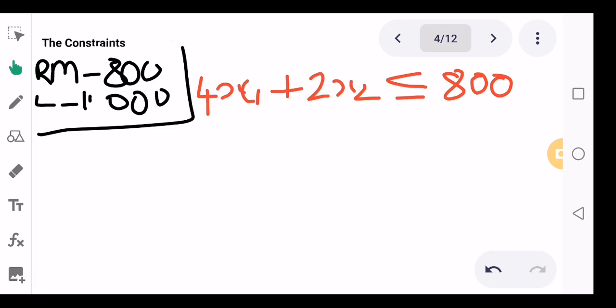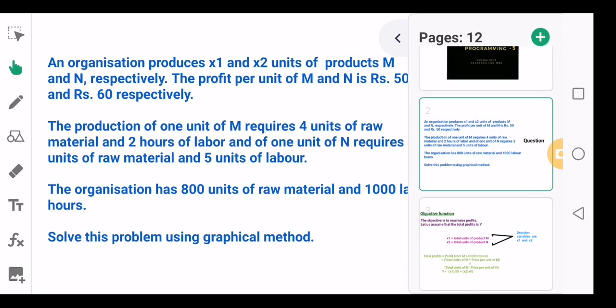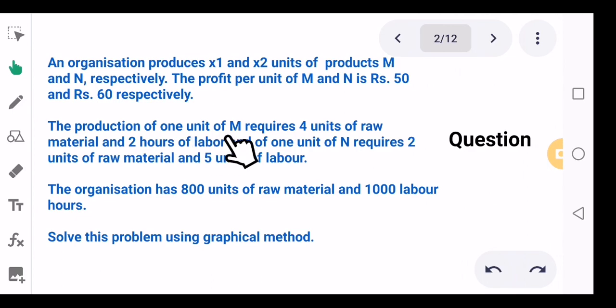Now the next constraint. This is the constraint with regards to raw material. Next is the constraint with regards to the labor hours. That is 1000. They said the maximum it has to be is 1000. Okay, here what have they mentioned? To produce 1 unit of M, 2 hours of labor is needed. To produce 1 unit of N, 5 hours of labor is needed.